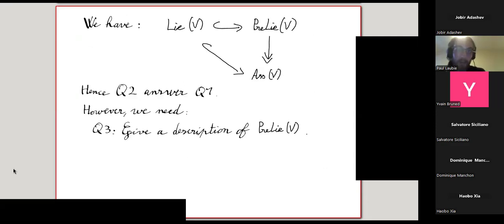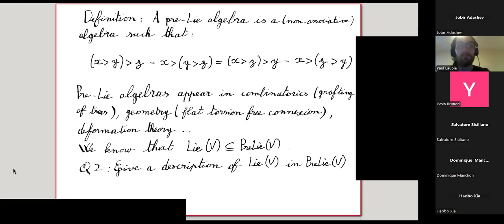One remark is that we have the following diagram. So the free algebra embeds in the free pre-algebra and also in the free associative algebra. And we have a surjective morphism of the free pre-algebra into the free associative algebra. So what is this morphism? Well, in an associative algebra, the associator vanish.